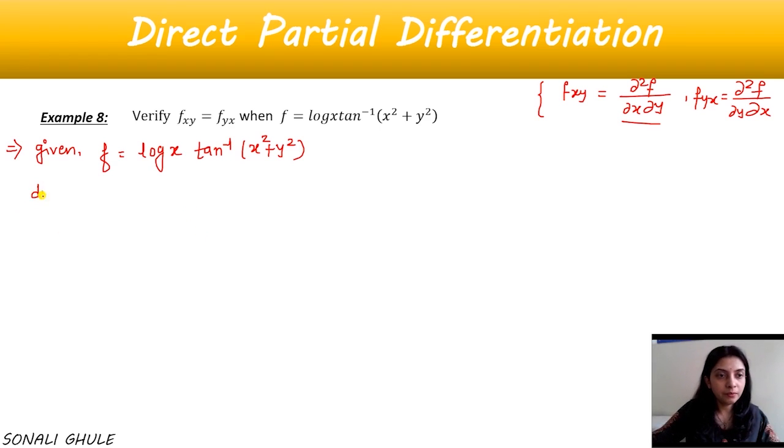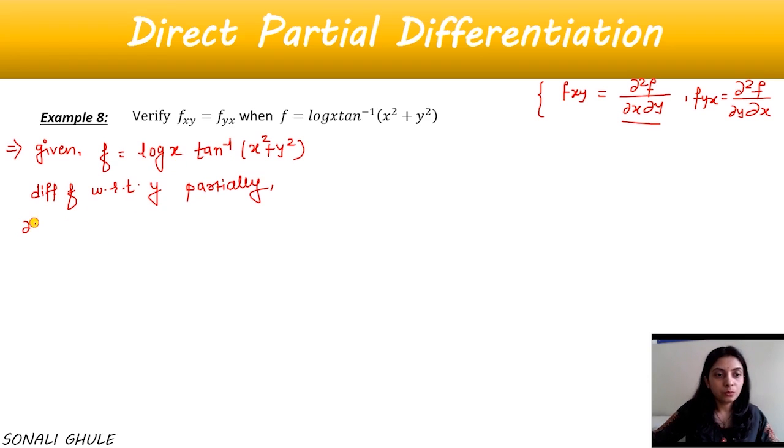So differentiate f with respect to y partially, because the function is depending on two variables x and y. When I differentiate this function with respect to y, we have to keep x constant, right?